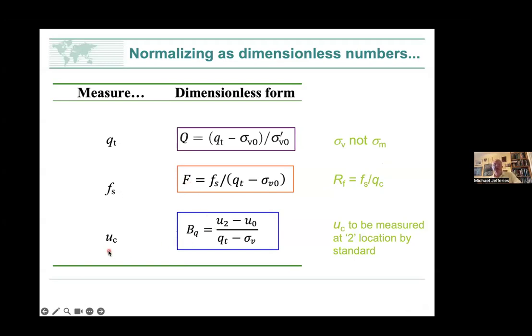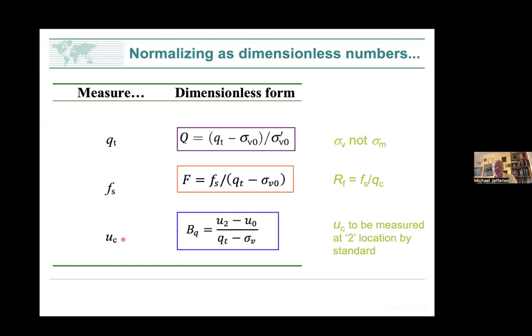We measure the pore pressure behind the tip. Sometimes that's called uc, for u subscript c, during cone penetration. The convention is we measure it at the shoulder, and the shoulder is called the u2 location because when we started out introducing the piezocone, we had a sensor location in the middle of the sharp pointy bit of the cone, and that was called the u1 location.